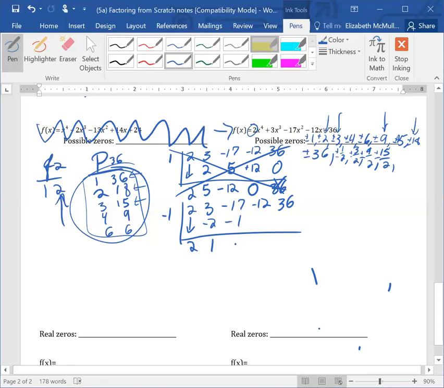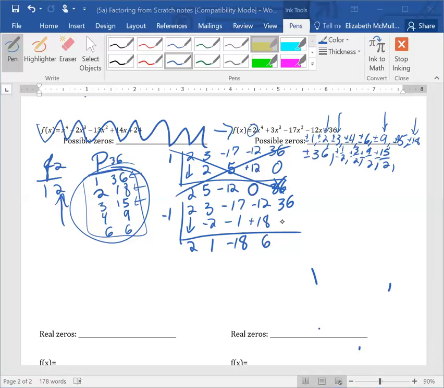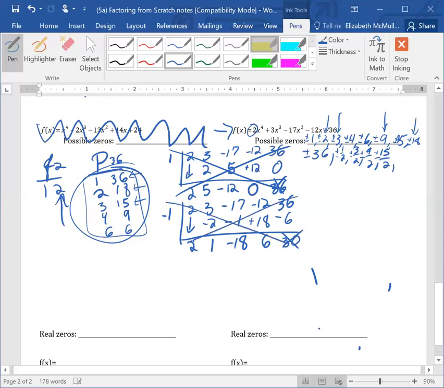Negative 17 plus negative 1 gives me negative 18. Negative 18 times negative 1 gives me a positive 18. Negative 12 plus 18 is 6. 6 times negative 1 is negative 6. 36, that's going to give me 30. All right, 30 is not 0, so negative 1 is not a zero.